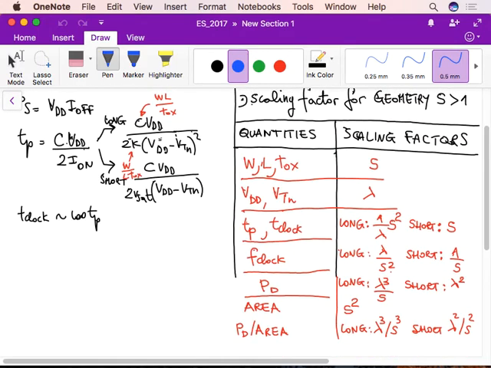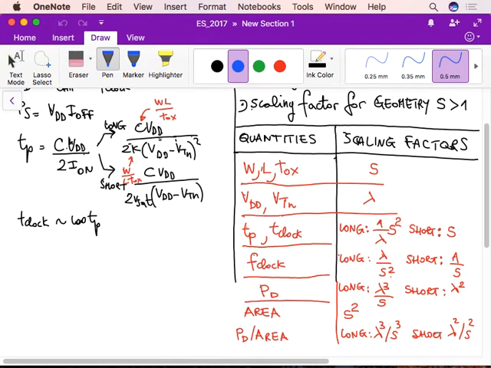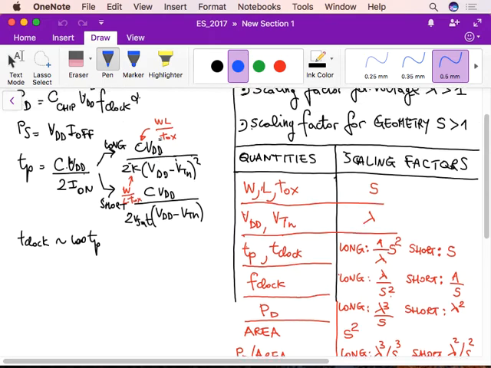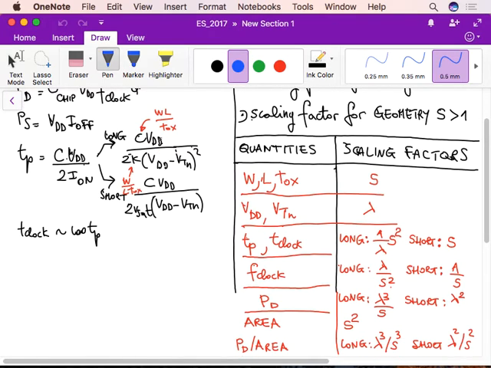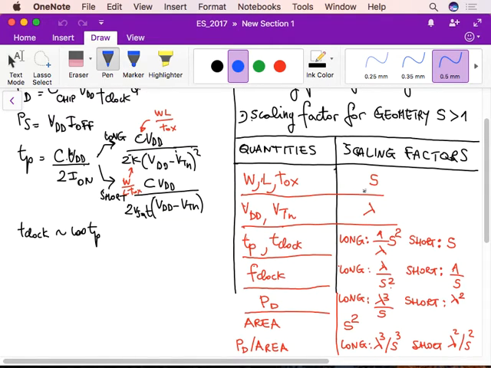Okay, what I did here is not according to the convention that I decided at the beginning. Because you have seen, I wrote these scaling factors, and then I substituted the scaling factors to all the quantities, which means that the quantities are proportional to the scaling factors.